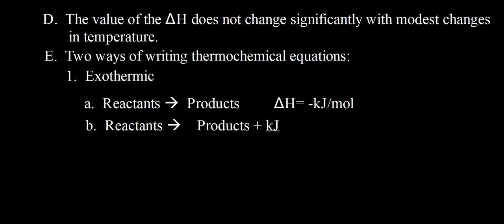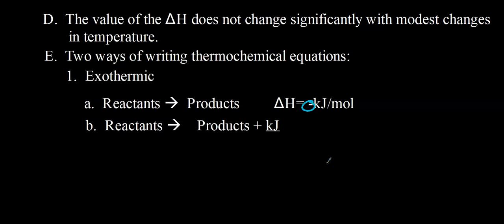A thermochemical equation for an exothermic reaction would look like this. You have the reactants on the left side, of course, products on the right side, and then off to the right, you'll be given the energy released by the reaction as a delta H value. Now keep in mind, very, very important, if the reaction is exothermic, we need to put a negative in front of that number.